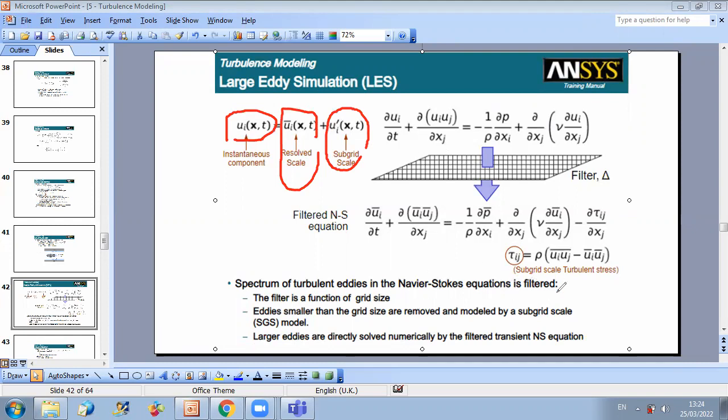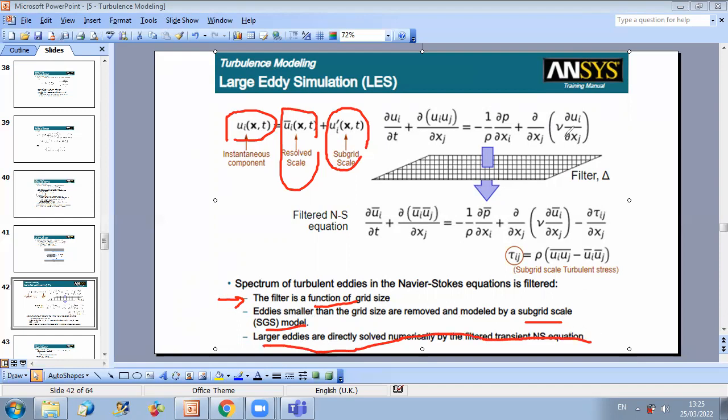So we divide eddies into two parts: large eddies and small ones. The filter of eddies will be a function of the grid size, and eddies smaller than the grid size will be removed and modeled by a subgrid scale model, which can be any one of the models we developed before, while large eddies will be directly solved numerically by the filtered transient Navier-Stokes equation.